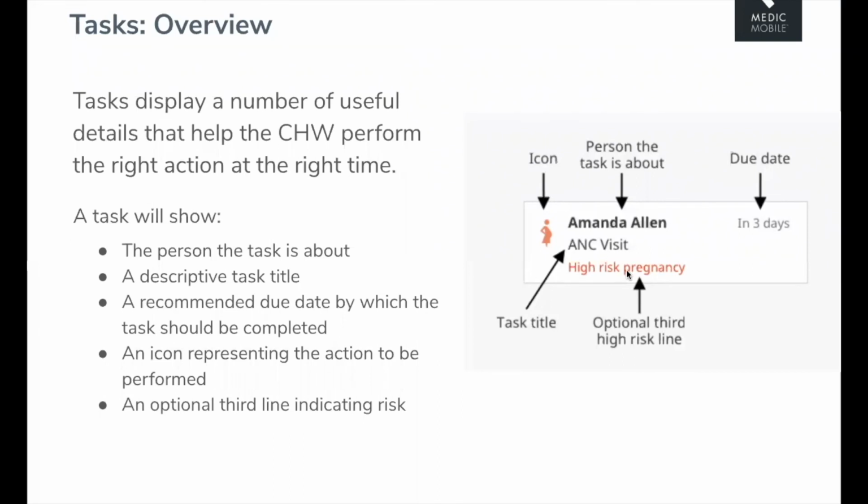There are certain situations where you'd need to indicate that risk, such as a high risk pregnancy, which could be due to the history of the person and whether they've had other complications in their pregnancy, or whether something has happened during or before the pregnancy that would put them in the high risk category. This also enables the community health worker to pay attention to such tasks so that they're done in the time that they're supposed to be done.